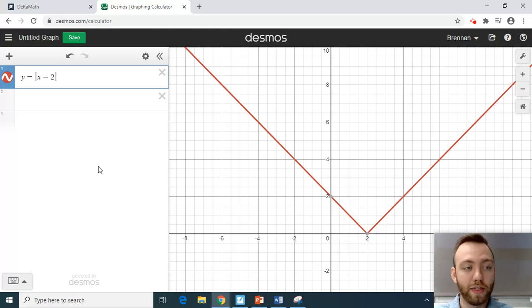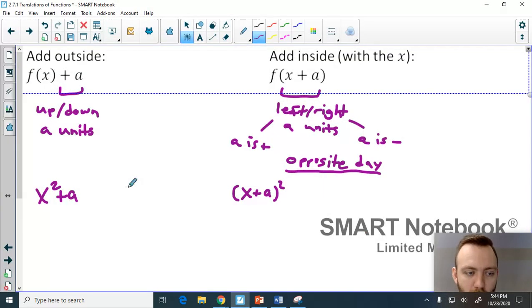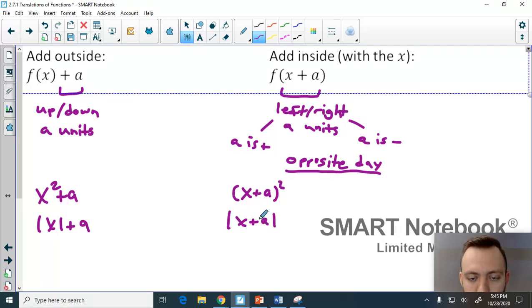So that makes sense. And so for the absolute value, when we're talking outside, it's going to be outside those absolute value signs. And when we are talking in with the x, it's going to be in with the x.